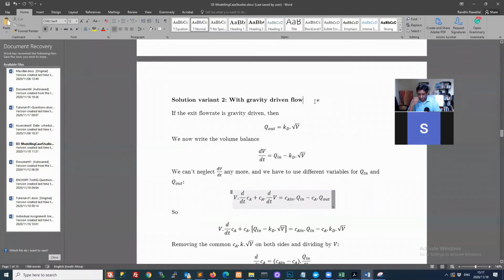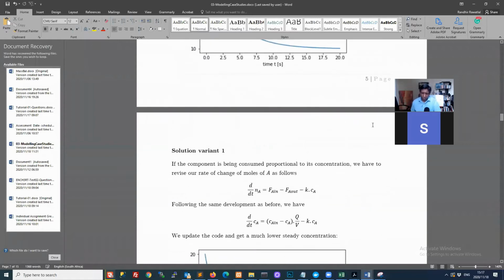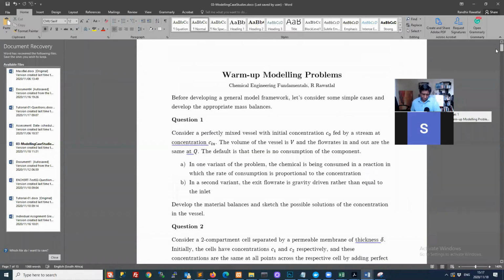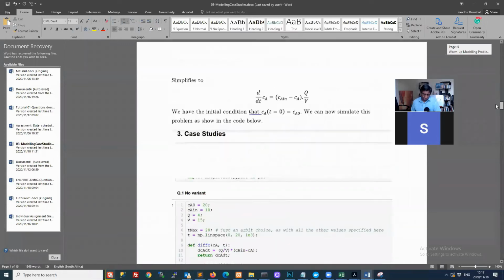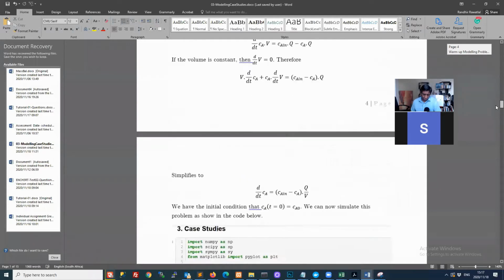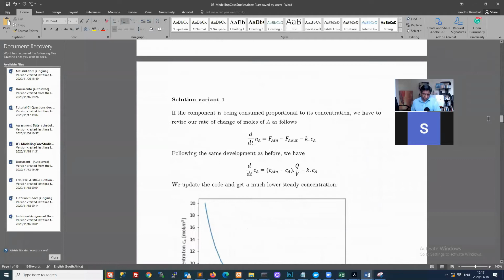Okay, for the second variant, or rather the first variant, we are told here your component is actually being consumed in a reaction, and the rate of consumption of that component is proportional to the concentration itself. So your equation would look like this. Here's what we had before: flow in and flow out.